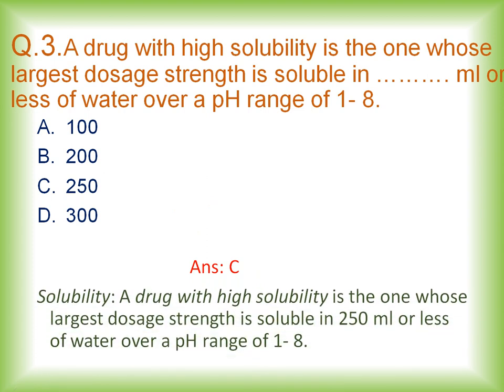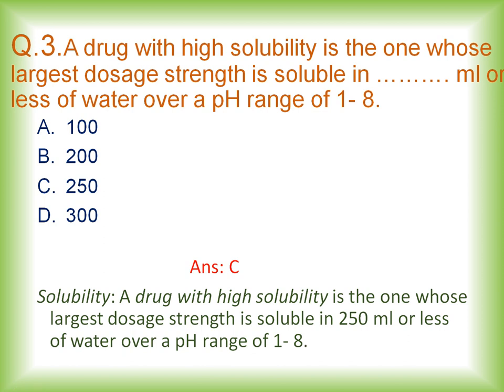So here, a drug with higher solubility is the one whose largest dosage strength is soluble in 250 ml or less of water over a pH range of 1 to 8.